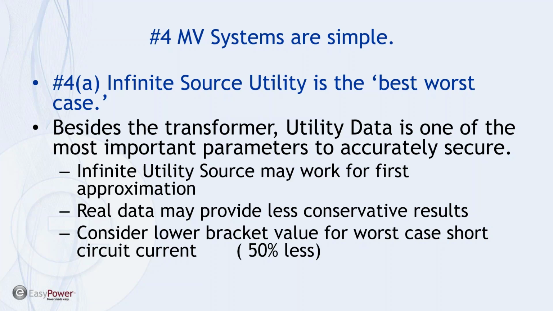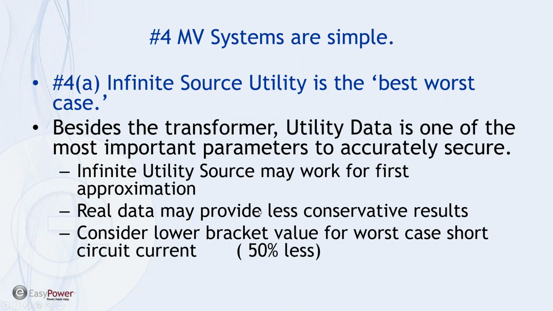There was a day and time when it was considered the best worst case, and if we approached the utility company to know what available short circuit current was being presented to my facility, they would say use infinite source, because this does affect or result in the biggest stress in the system in terms of higher current. And that's one of the things we're looking for during the short circuit study.